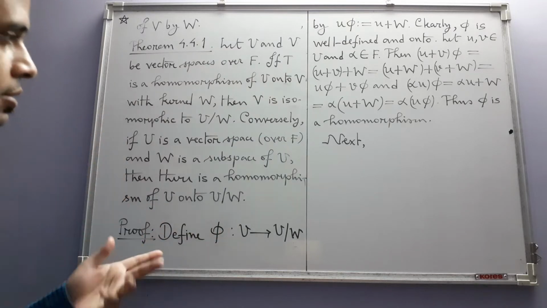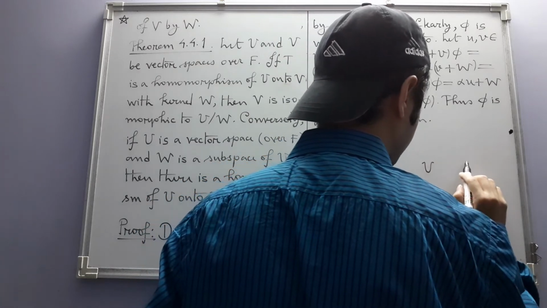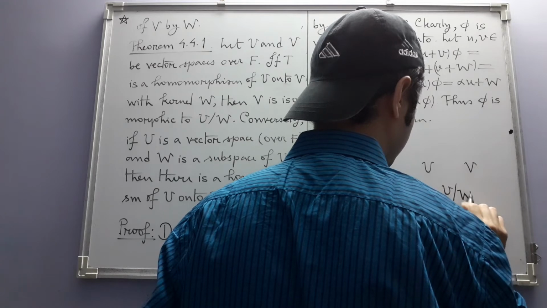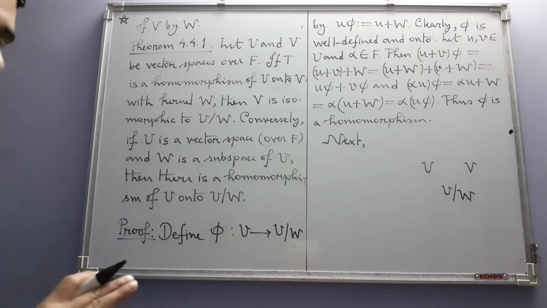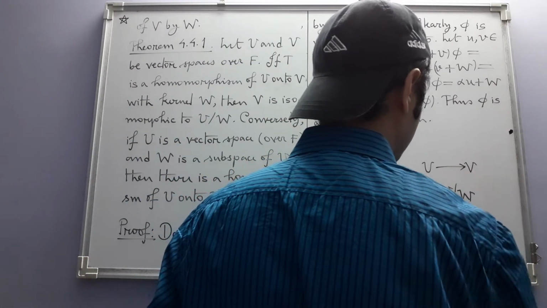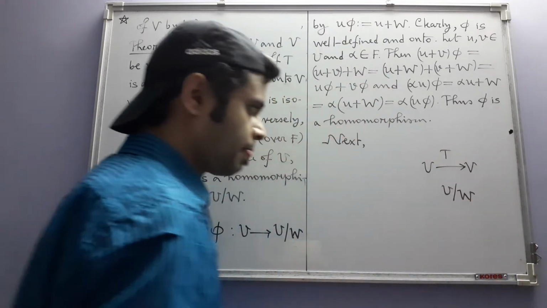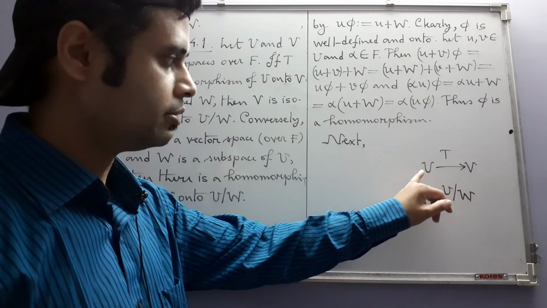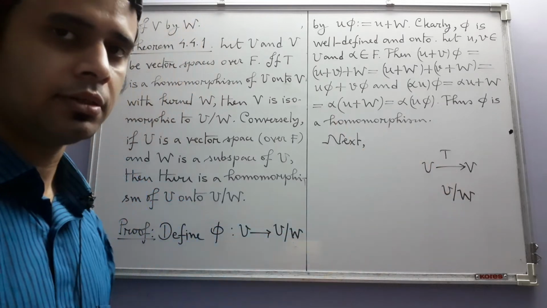So in this case, okay, now again we come back to that situation. We have U, we have V, and we have U by W, where now we should not forget what W actually is. There W is not just any subspace. It's given that there is a homomorphism T from U onto V. W is the kernel of that homomorphism.